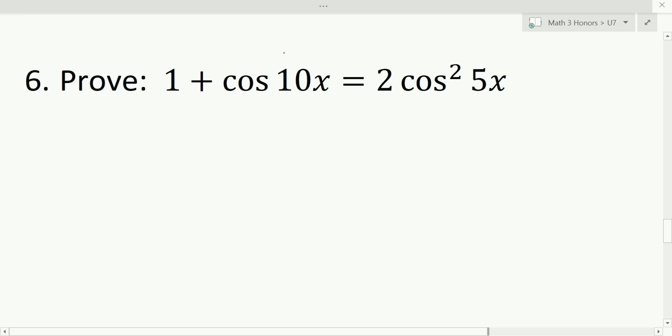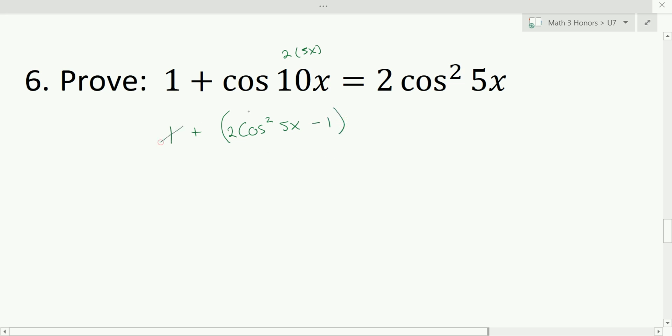So 10 is a double angle. It's 2 times 5x. Okay? And so your first step is to change that to 2 times cosine squared of 5x minus 1.